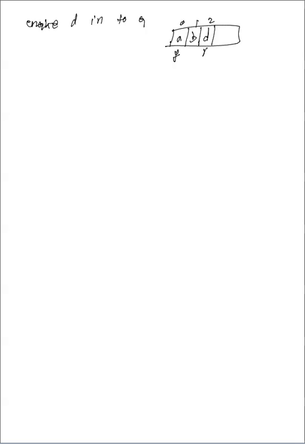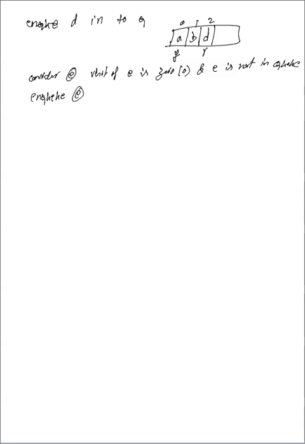Now next what you have to do, consider E. Now visit of E is 0, and E is not in Q, right? Then NQ E. Now A, B, D, E. Now 0, 1, 2, 3.